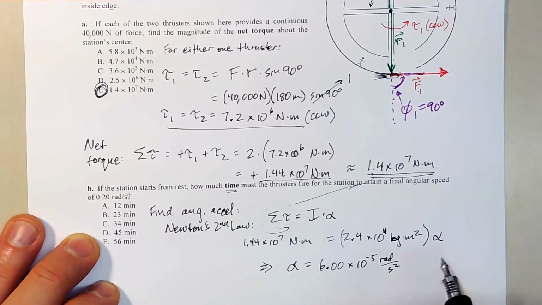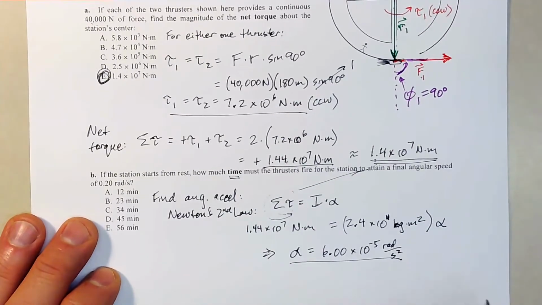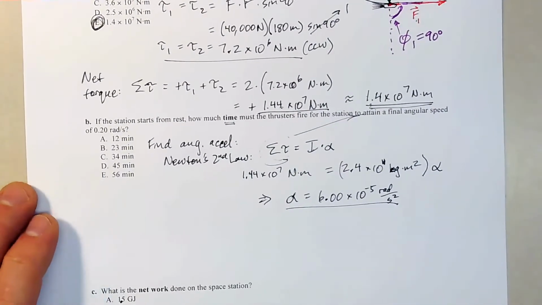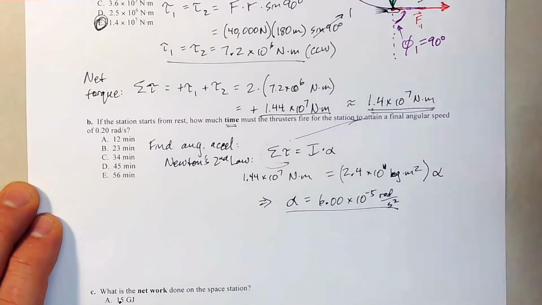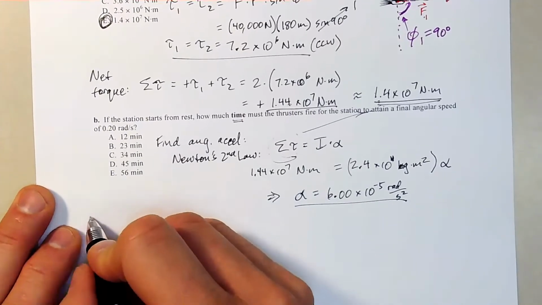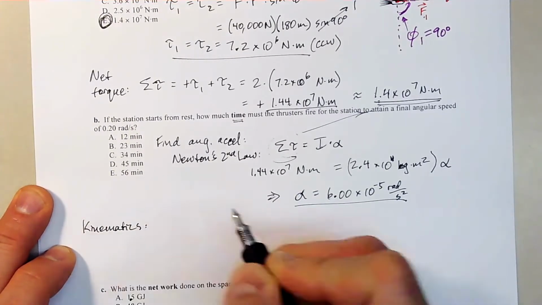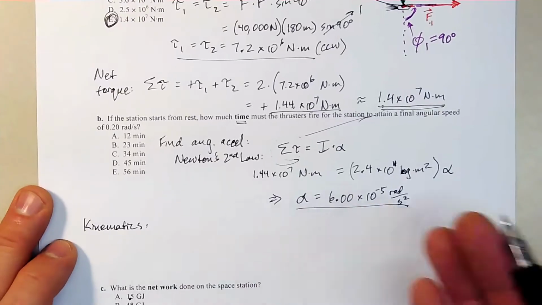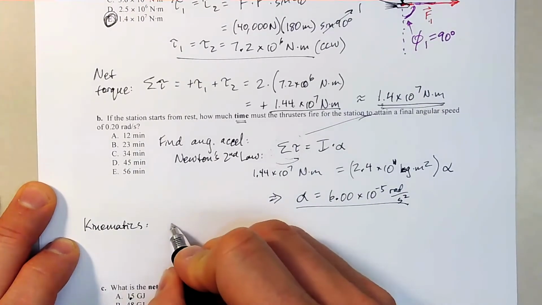Now, it turns out this is actually exact. My calculator tells me it's exactly 6 times 10 to the negative 5. So if it weren't exactly 6, I would carry extra significant figures. Now I can use kinematics, assuming constant angular acceleration or some average angular acceleration, and I can solve for the amount of time it takes.